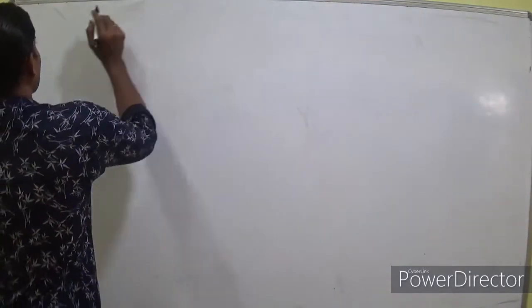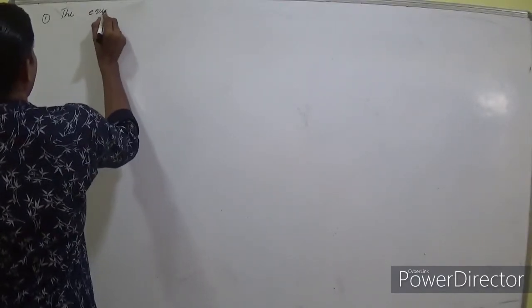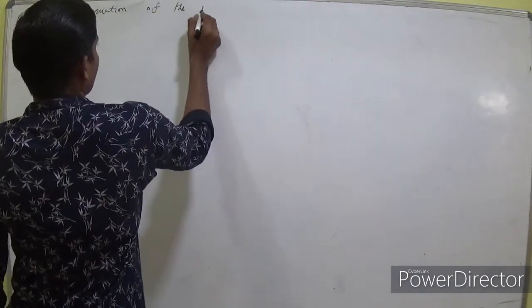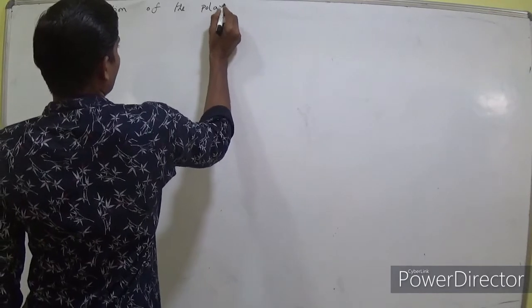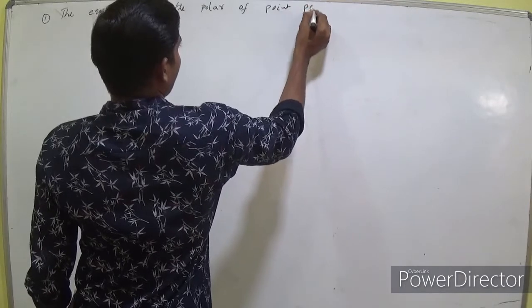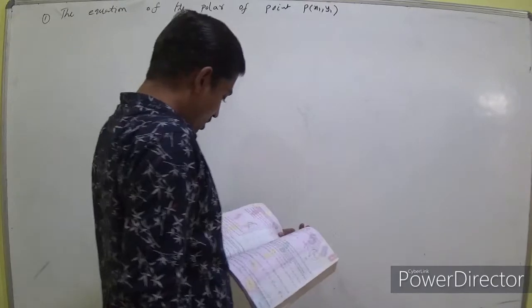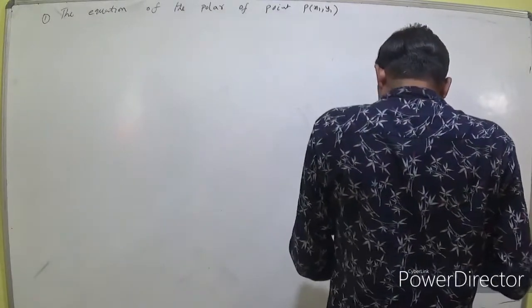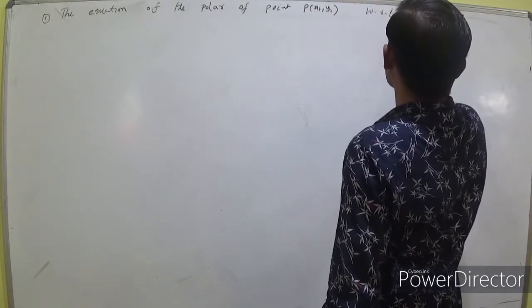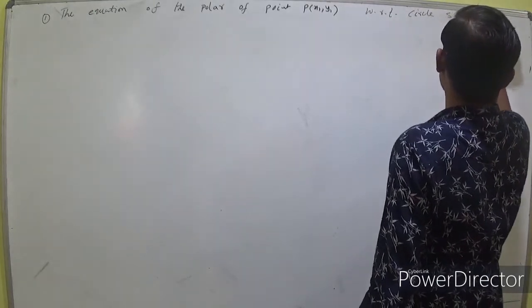The equation of the polar of point P (x1, y1) with respect to the circle S equal to 0 is S1 equal to 0.